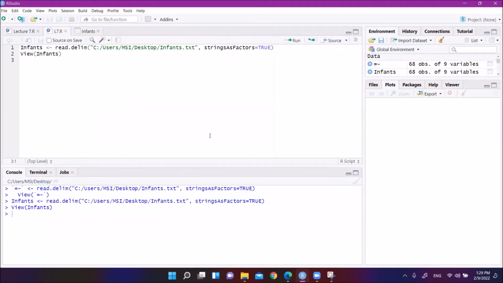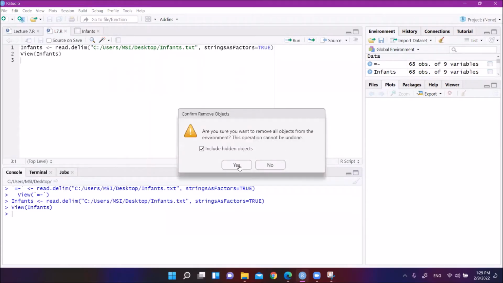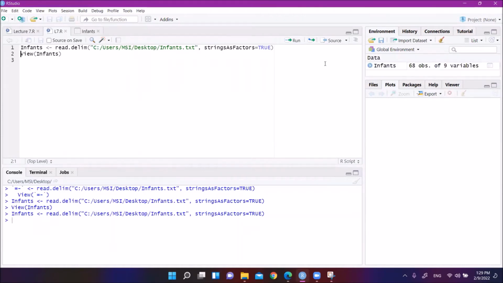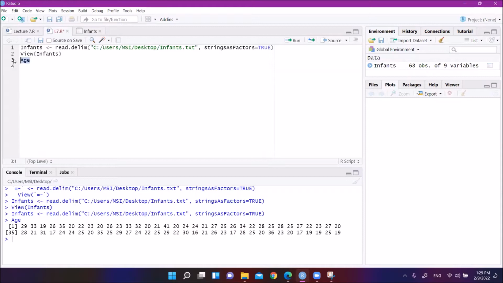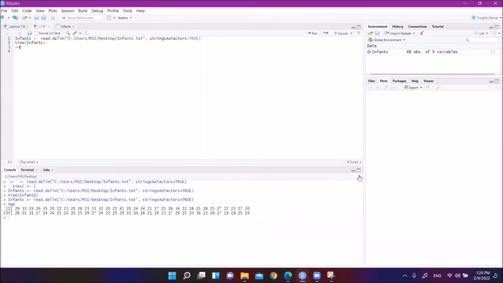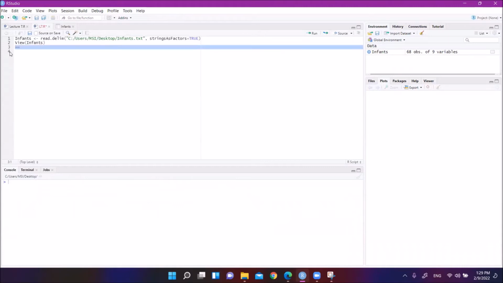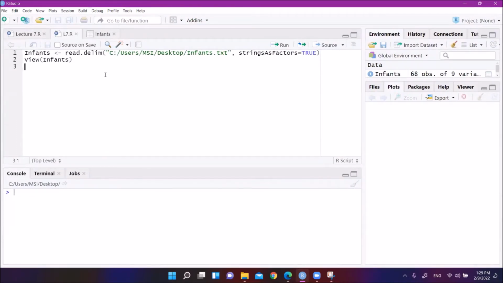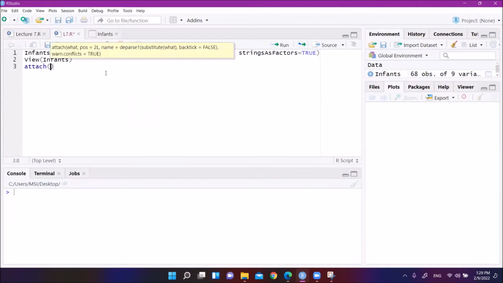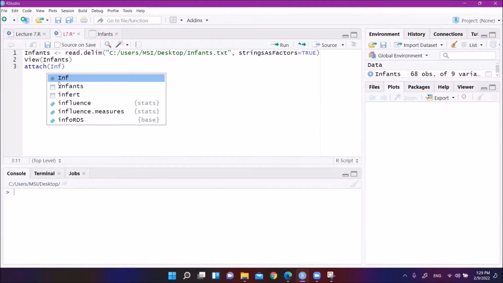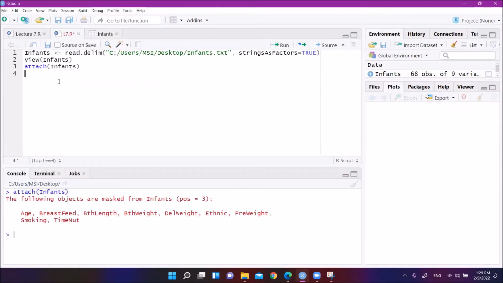Yeah, it's already been attached in my computer, but when you're starting initially, you have to attach it, just to make it easy.